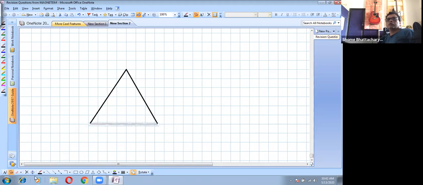Okay. So we consider three particles like this. Now consider the system centroid.